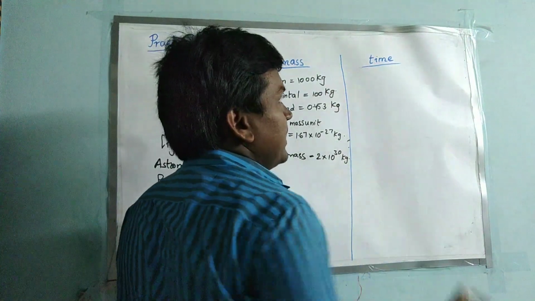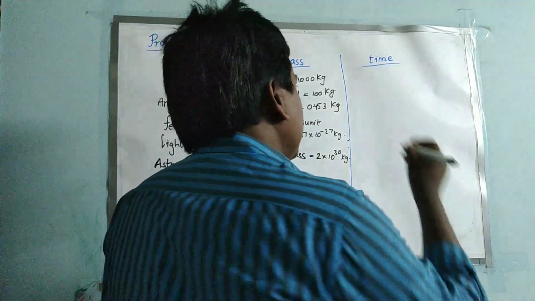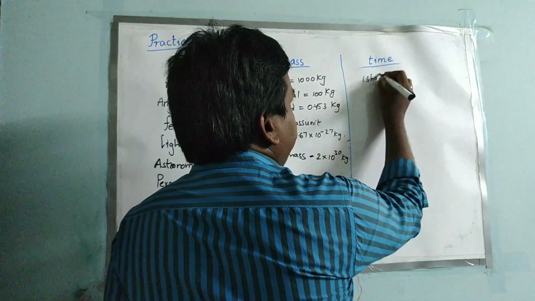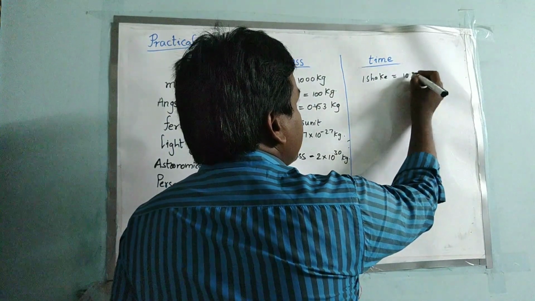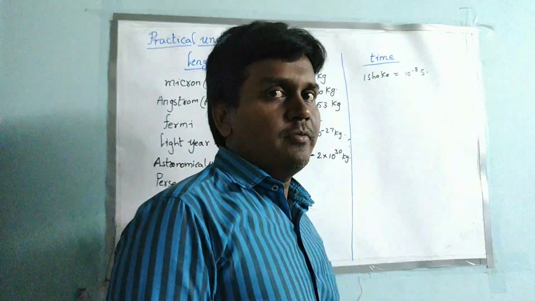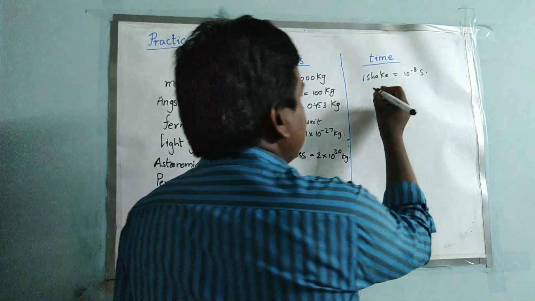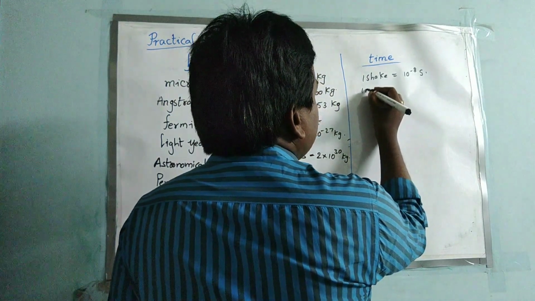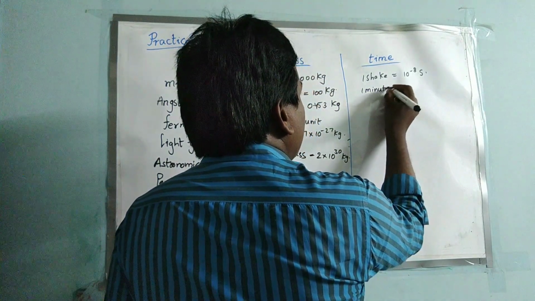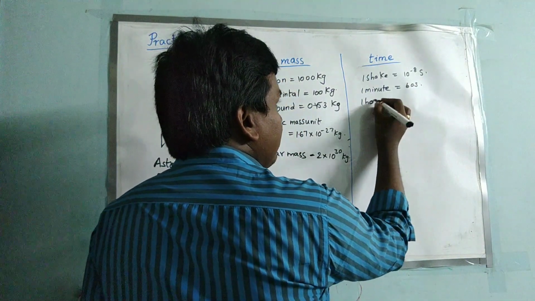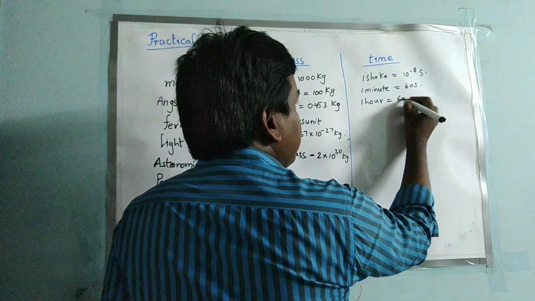And next, coming to the practical units of time, the smallest unit of time is the shake. 1 shake is equal to 10 to the power of minus 8 seconds. So this is a very small unit of time. And next, we know that 1 minute is equal to 60 seconds, and 1 hour is equal to 60 minutes.